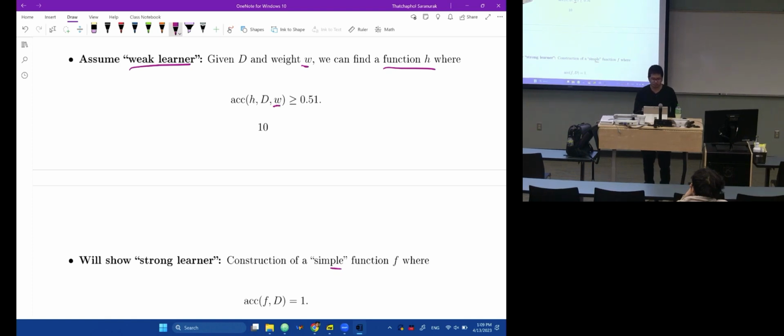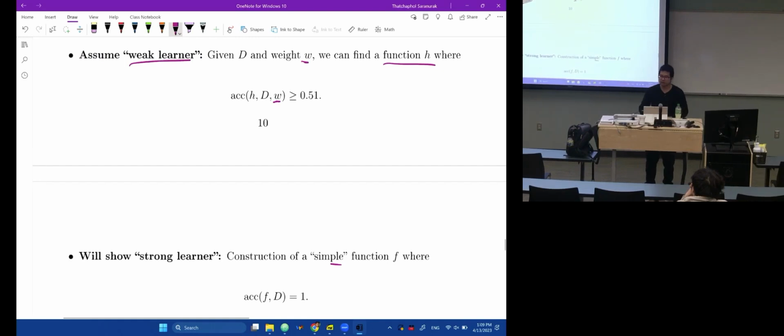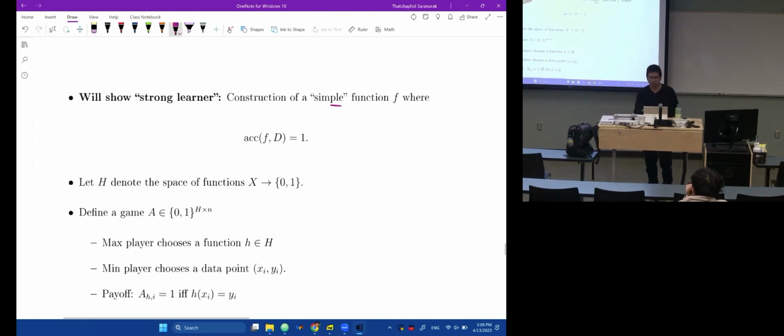So now let's see how to do this. Is the setting clear? Okay. To do this, we will use Minimax, and to do that, we need a game. Let H denote a space of functions that, given any picture, map it to 0 or 1, predicting whether it's a cat or not. H is the space of all functions.